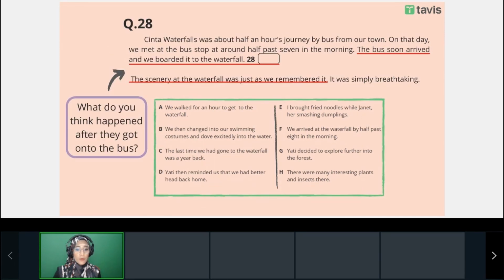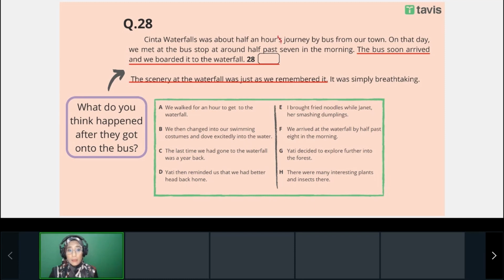Okay, let's move on to the next one. Now question 28. They had a journey to Chinta Waterfall by bus, and they met at the bus stop around 7:30 in the morning, and the bus soon arrived and we boarded it to the waterfall.